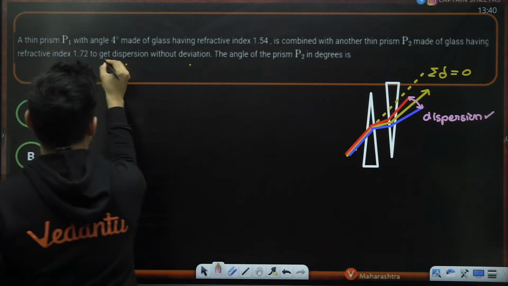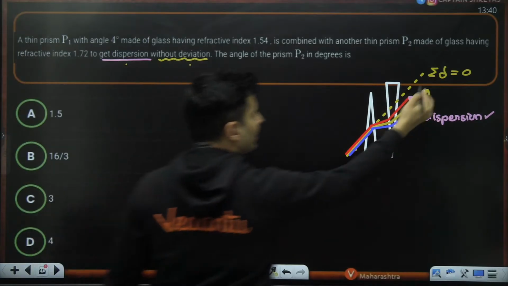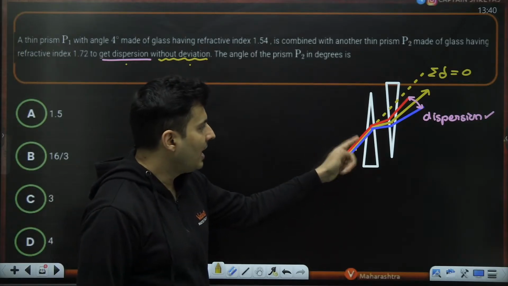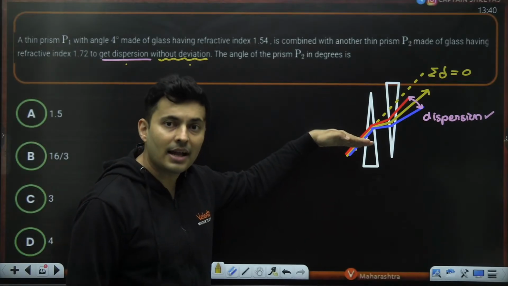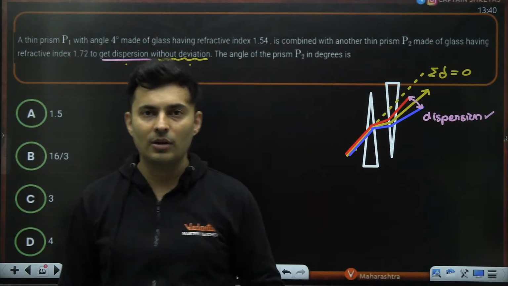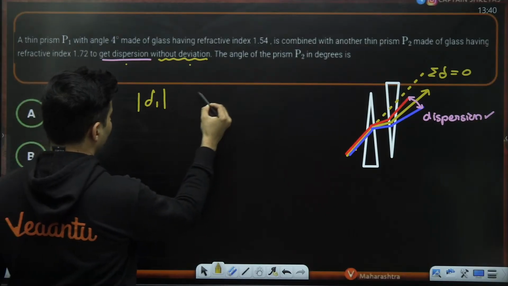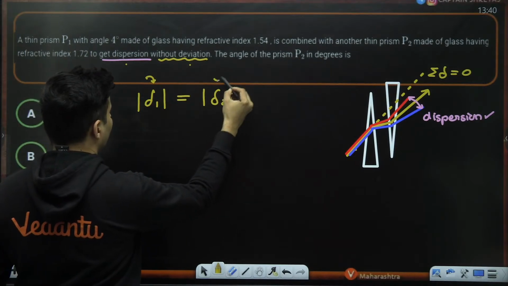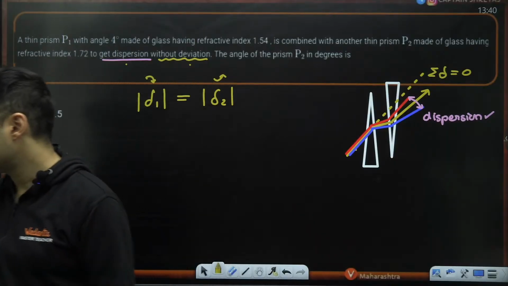There is dispersion, but what is not there is deviation. That means if the ray gets tilted by some degrees, in the next prism, it is again tilted by the same degree so that it becomes parallel. Did you understand the logic? How much ever deviation occurs in the first prism, same deviation occurs in the second prism. If it turns here, it will turn back so that it will become parallel. That is the idea behind this.